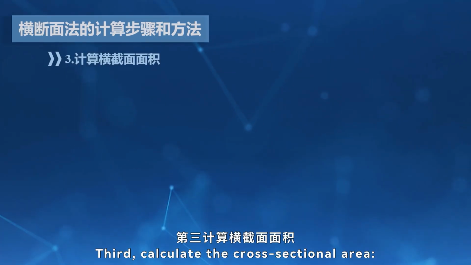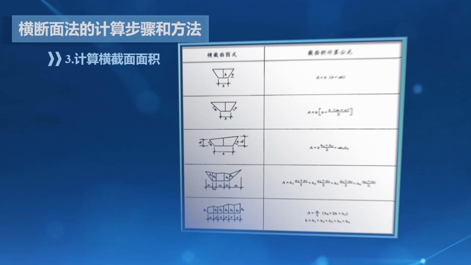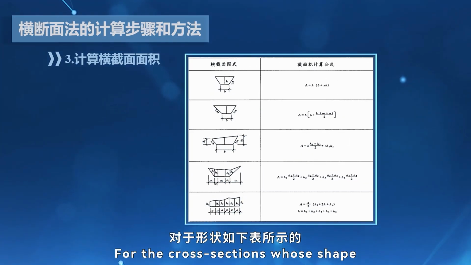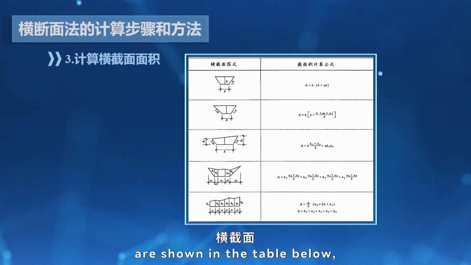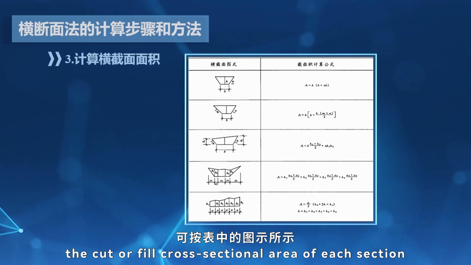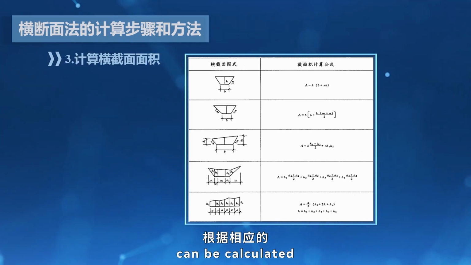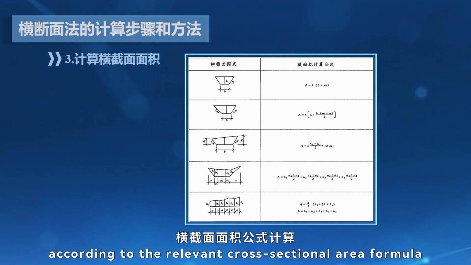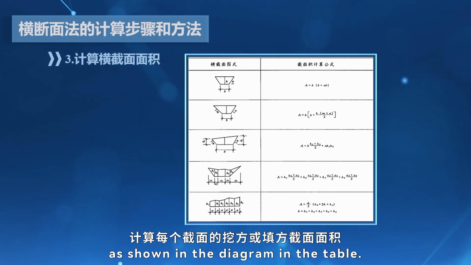Third, calculate the cross-sectional area. For the cross-sections whose shapes are shown in the table below, the cut or fill cross-sectional area of each section can be calculated according to the relevant cross-sectional area formula, as shown in the diagram in the table.